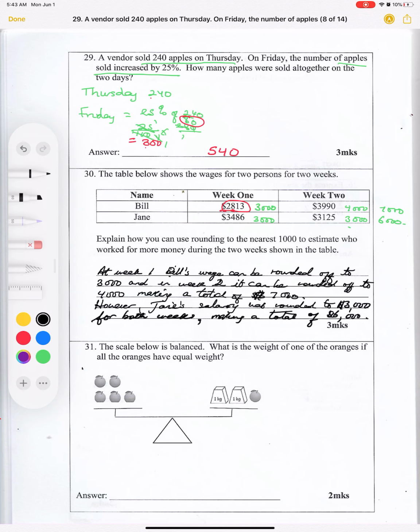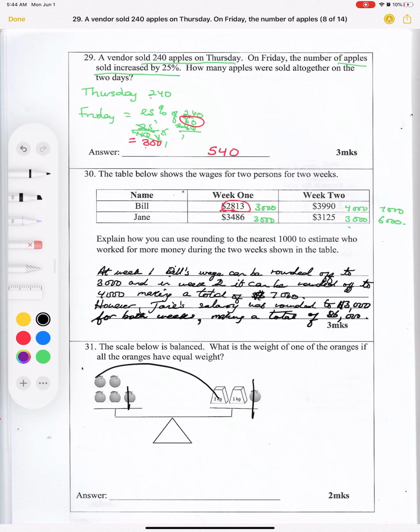Number 31. The scale below is balanced. What is the weight of one of the oranges if all the oranges have equal weight? Alright, so I'm going to take off this orange. If I take off one there, I have to take off one here as well. So now we see that 4 oranges will balance with 2 kilograms.